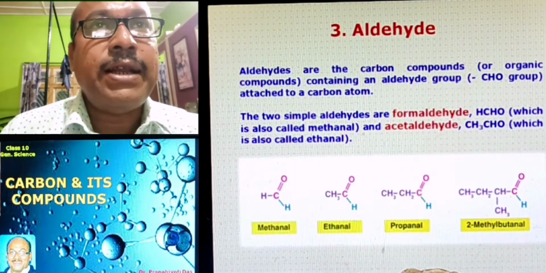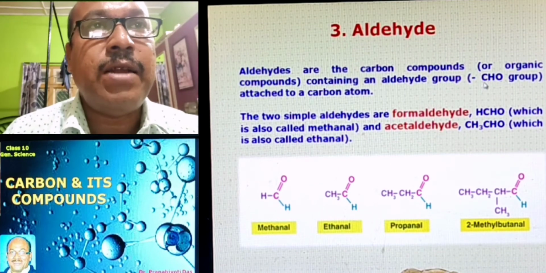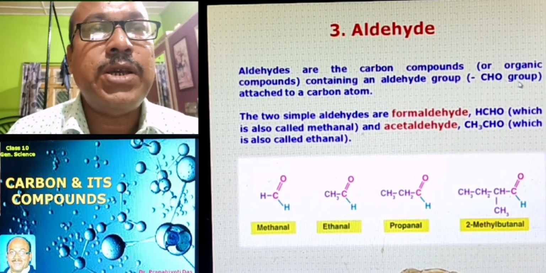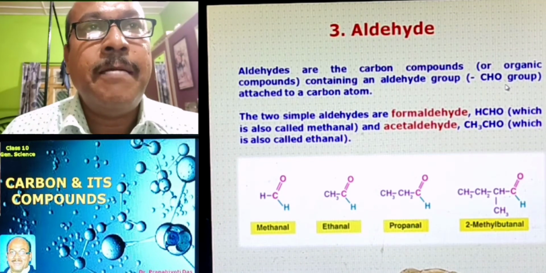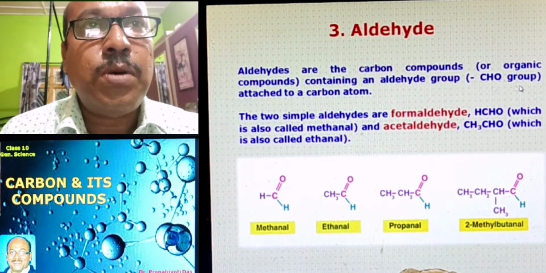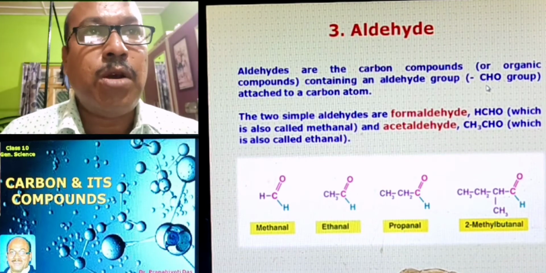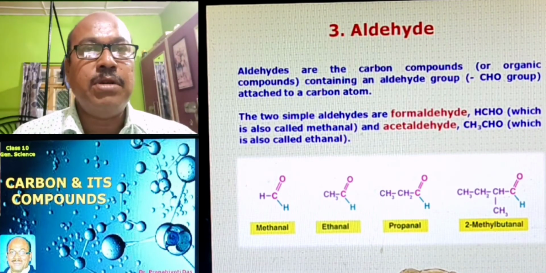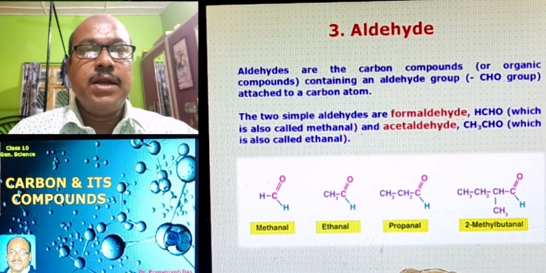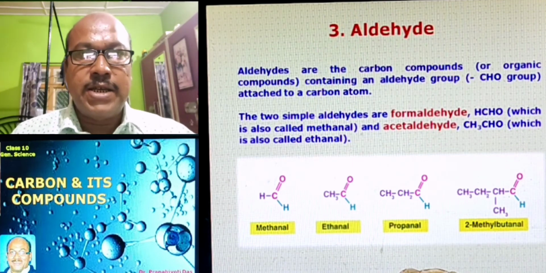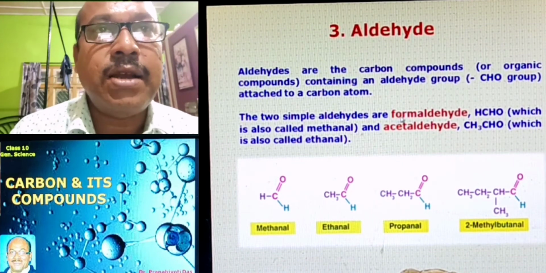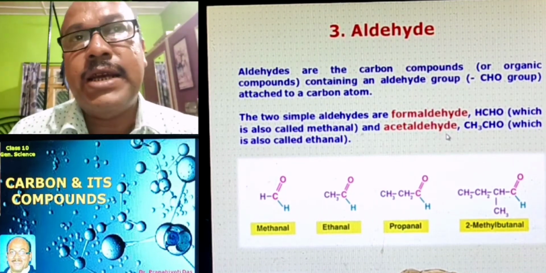This is how the alcohol is named. Now the aldehyde group. In aldehyde there will be a functional group, CHO, single dash CHO. This is the functional group. And whenever this group is attached to any organic compound, the entire property will change and it will behave as an aldehyde. There are two simple aldehydes, formaldehyde and acetaldehyde.